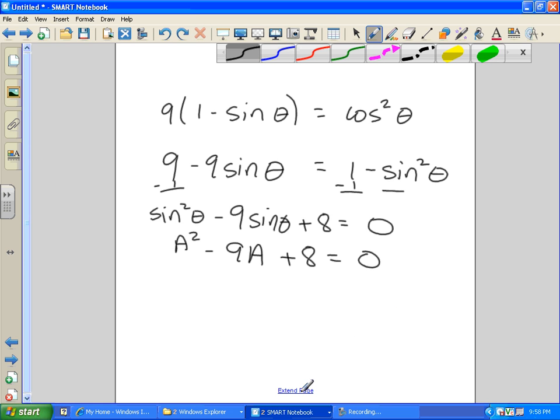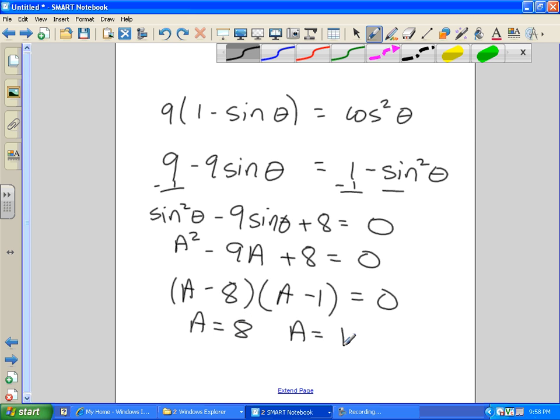Now, factors of 8 that add to give me 9 would be 8 and 1. Both signs would be negative. So we would get a to be 8 and a to be 1. Recall what we're letting a be is sine. So we have sine theta equals 8 and sine theta equals 1.